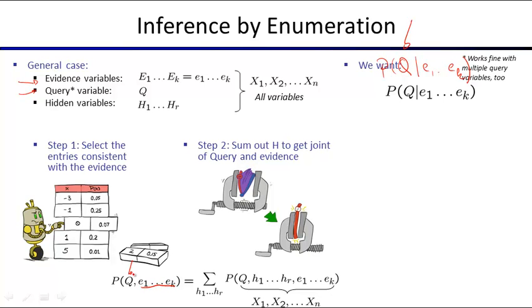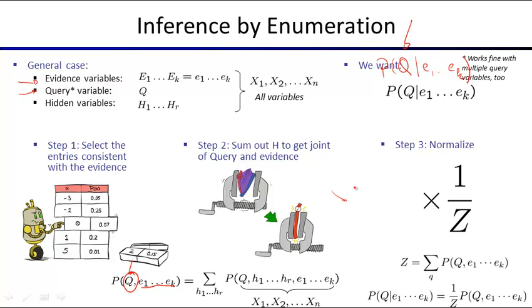For every value the query variable can take on, there will be a row in the table that comes out of the squeezing operation. And the entry in that row, the probability listed there, is the sum of all the probabilities of entries consistent with the evidence and with that instantiation of the query variable. After you've done that, you normalize and you have the answer to your query.